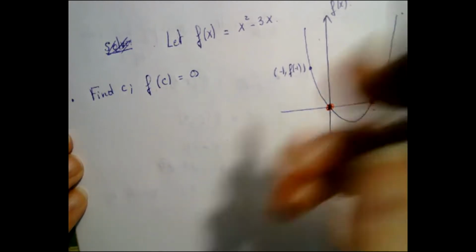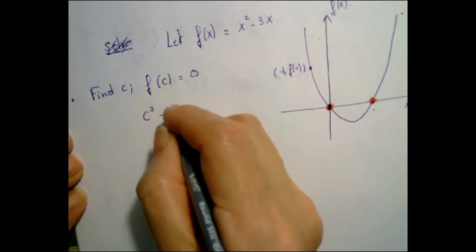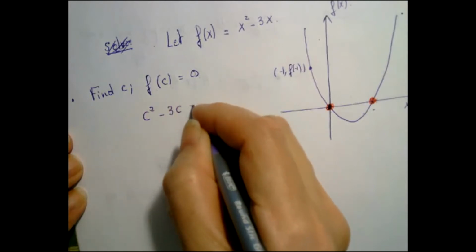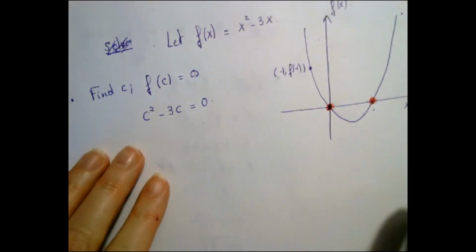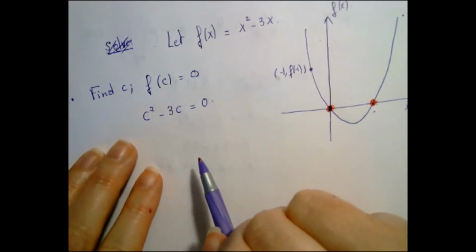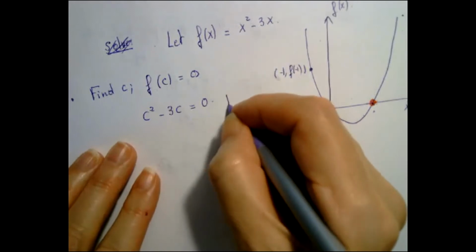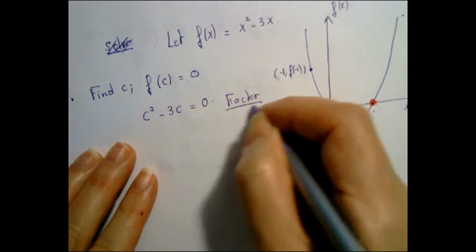Okay, let's do that. What is f of C? It means I set it equal to 0 and I solve for C. Now back to you. How do I solve? We factor the C out. Absolutely. Solving, so this is already equal to 0, means we have to factor.